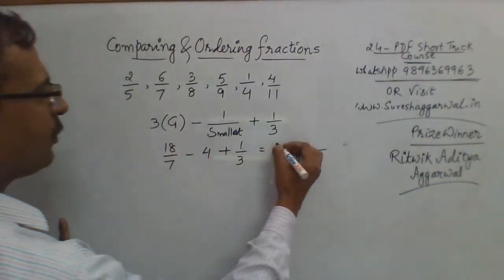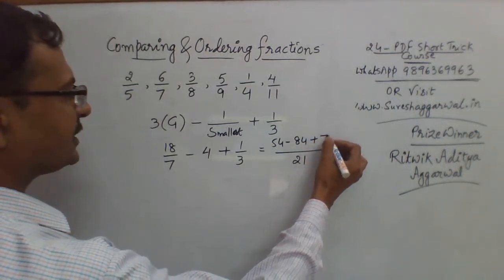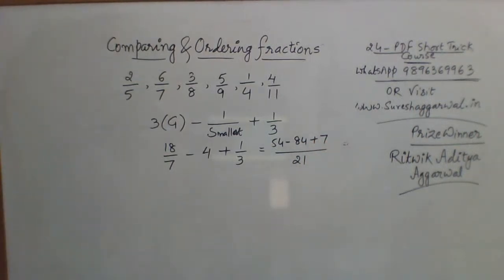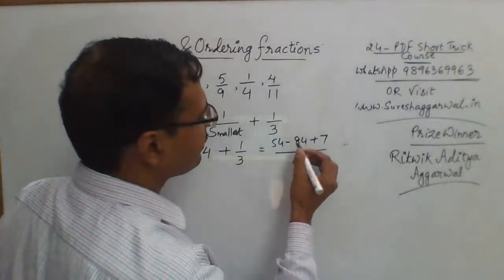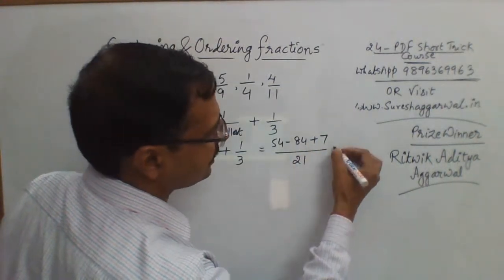So 54, 84, 7, right? That's the simple calculation you now need to perform to get to the correct answer of this particular question. So what will be the answer? 54 minus 84 is minus 30, minus 30 plus 7 is minus 23.